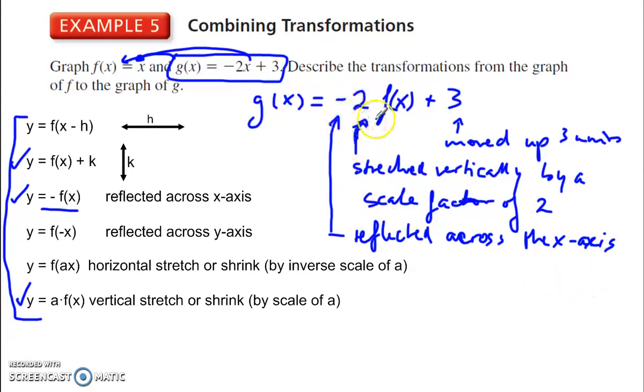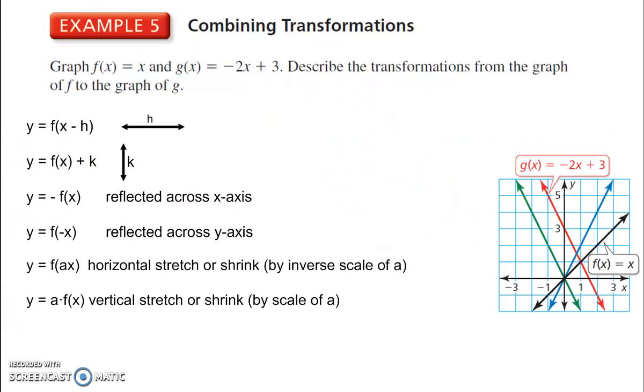There we go. That's what these mean. So if I want to look at what that looks like on a graph, I have the original function, then I have it stretched, reflected across the x-axis, and then we have it translated.